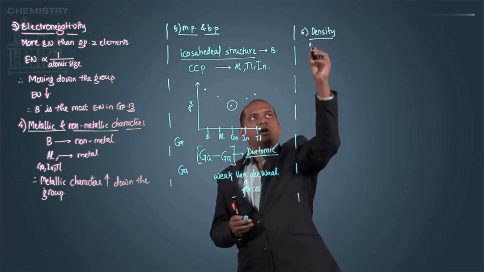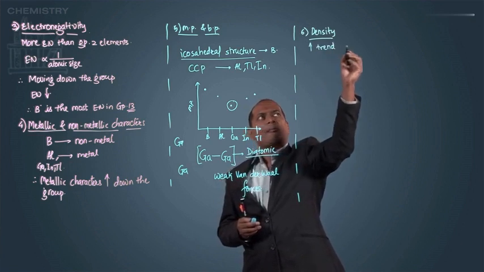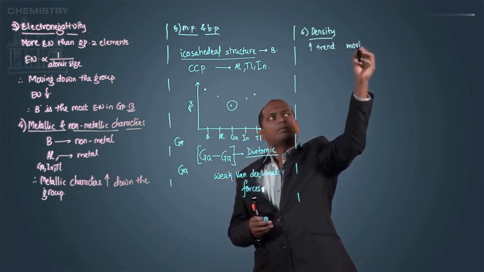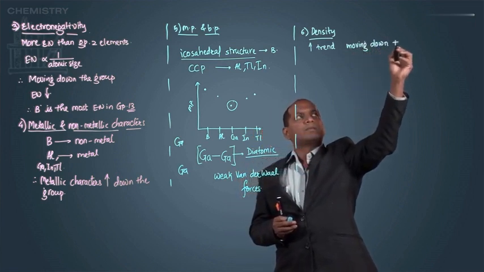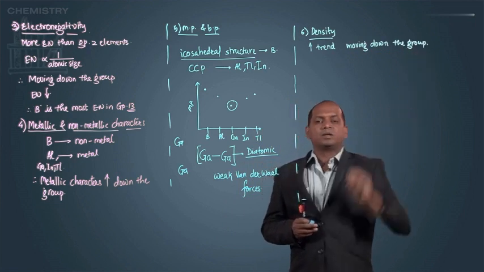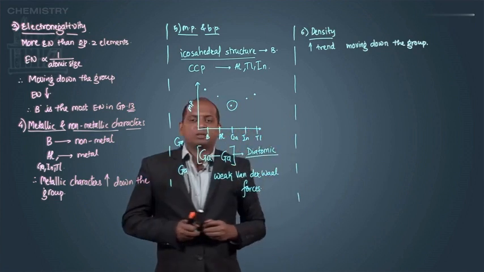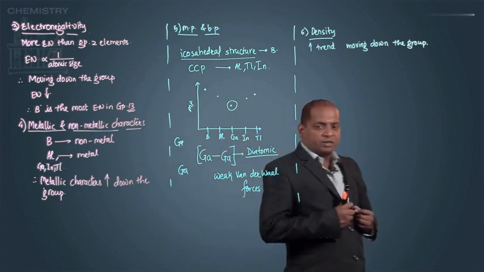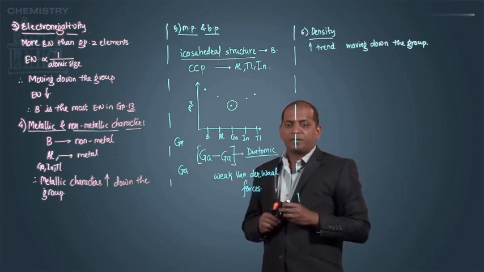So these are some of the physical periodic properties of the boron family.